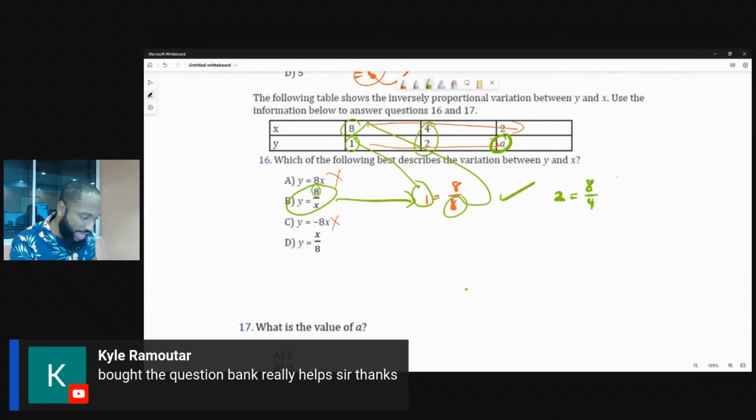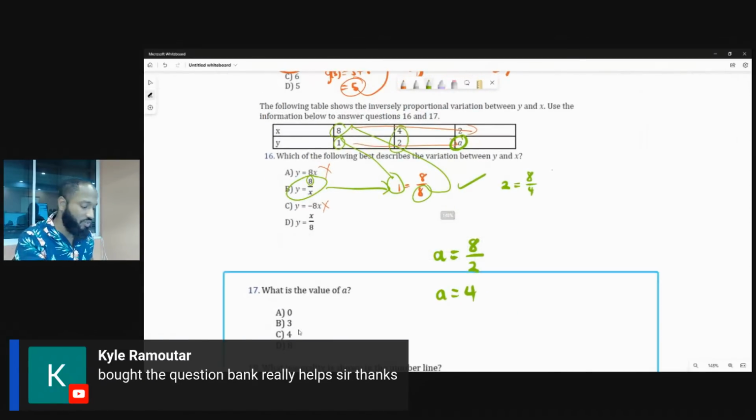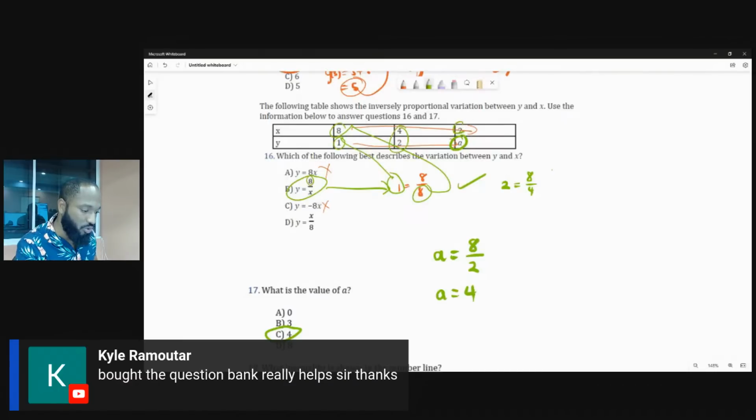When y is a, they want to find out what a is. a must be equal to 8 divided by x, which is 2 now. So a has to be what? a is 4. So you just substitute the known value you have, the value of x, into the equation that you have now confirmed, and you'll be able to get it out.